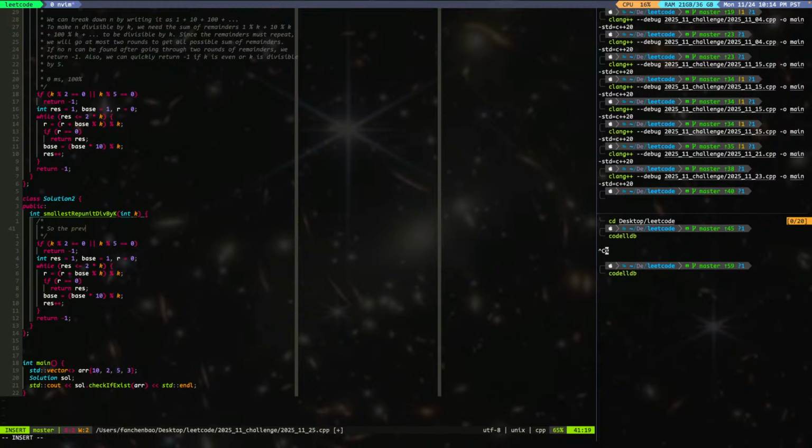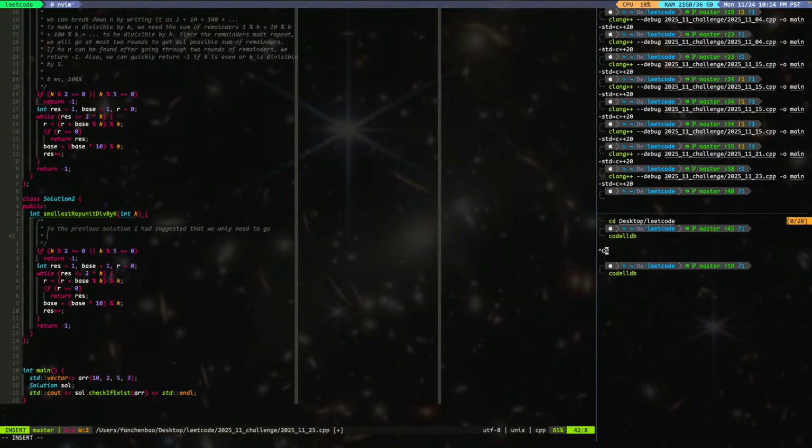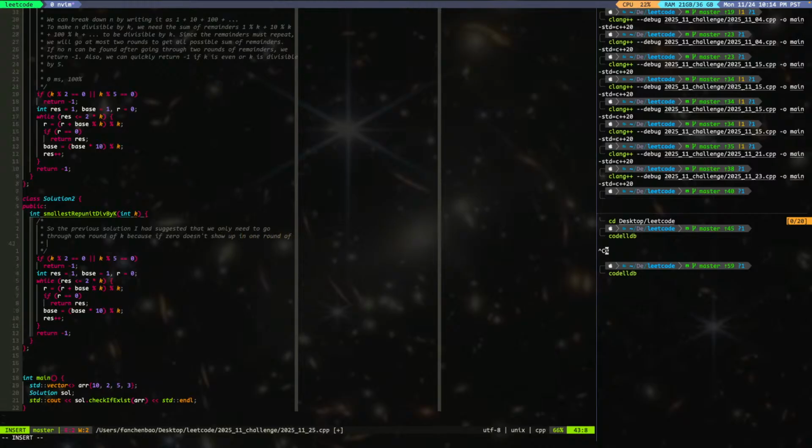So the previous solution I had suggested that we only need to go through one round of k, because if 0 doesn't show up in one round of k, it will never show up.